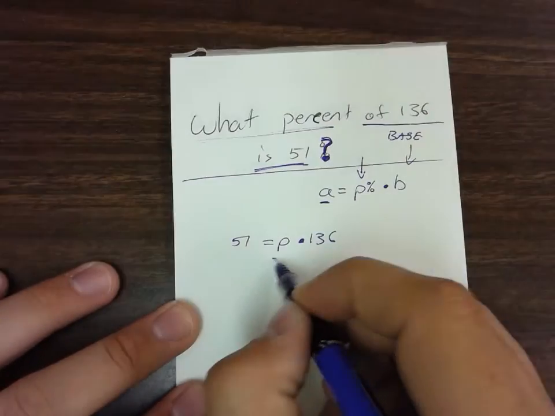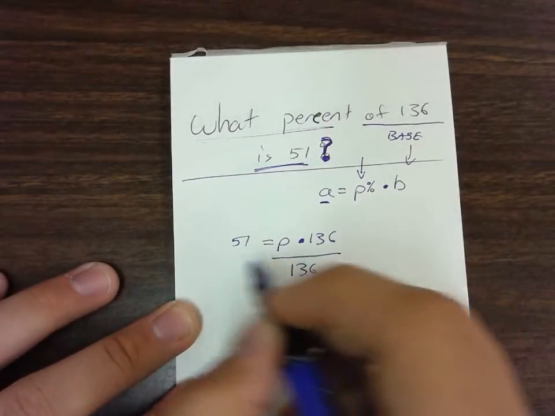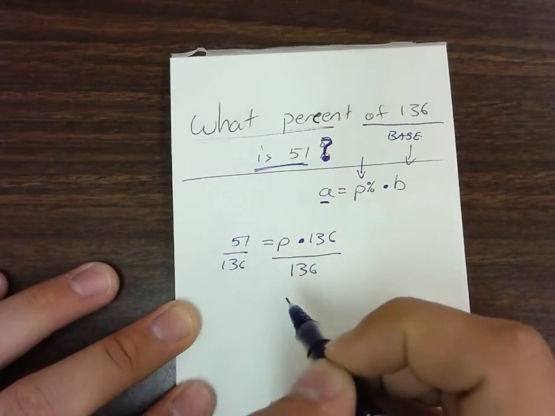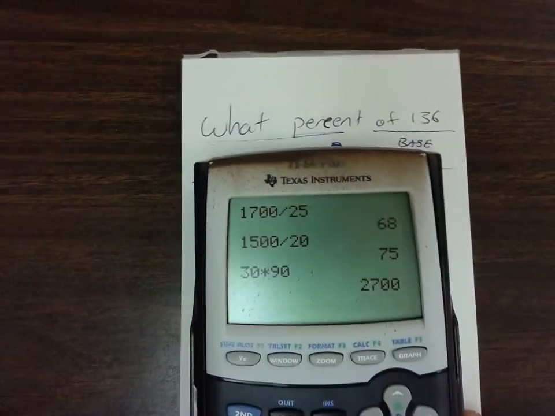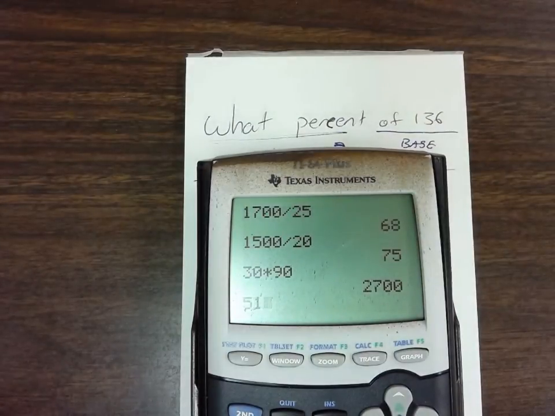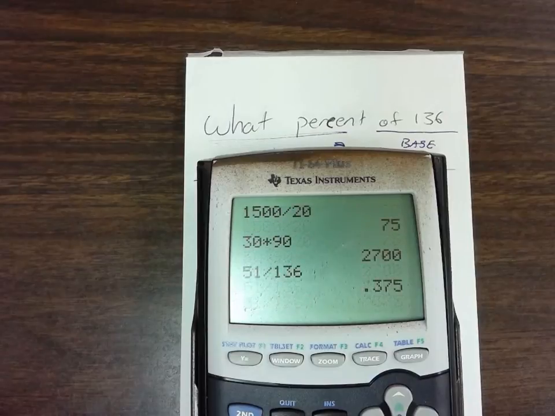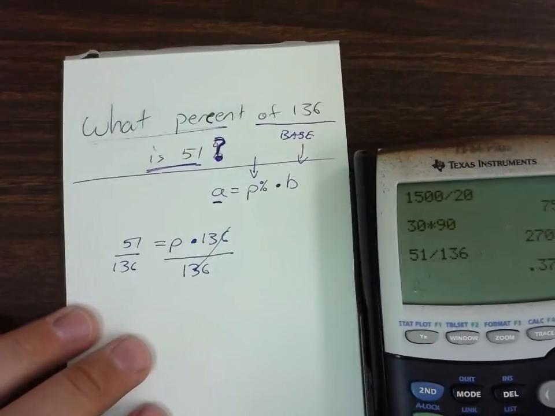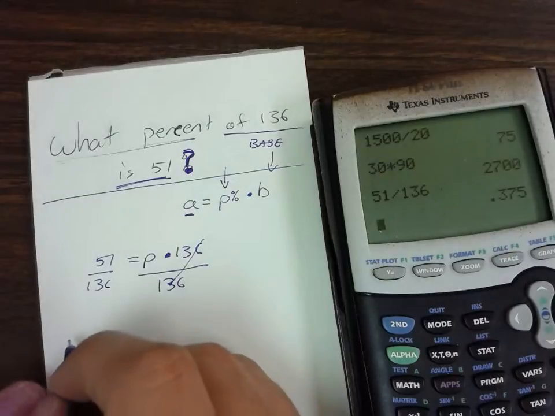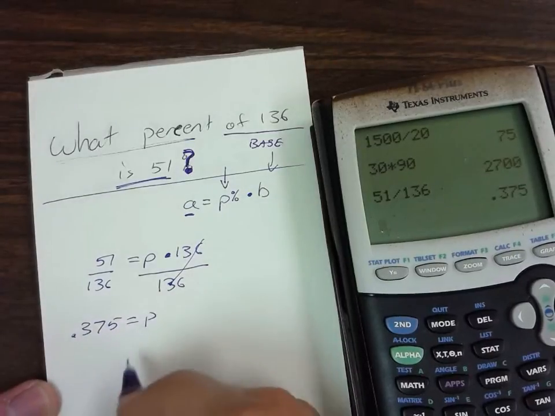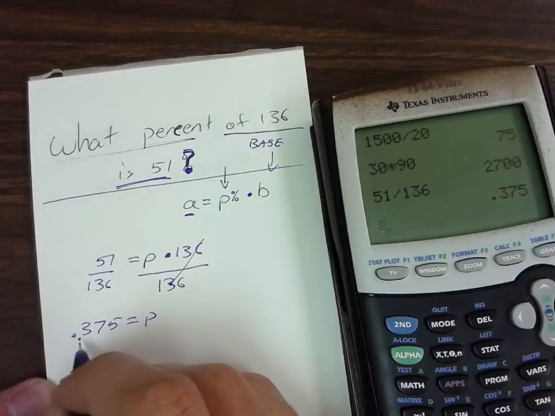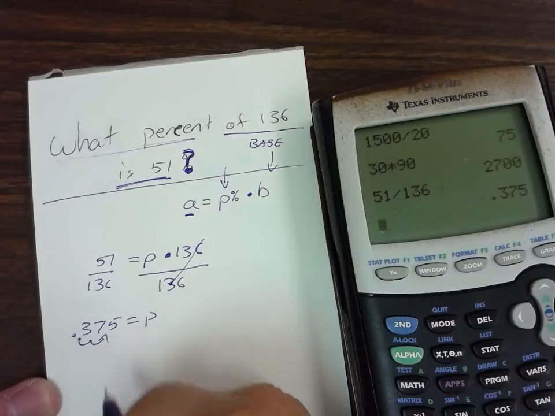To get P by itself, I have to divide by 136. Okay, those will be gone. Again, calculator. 51 divided by 136 is 0.375. 0.375 equals P. So if I want to list that as a percentage, I have to move my decimal point 2 places to the right.